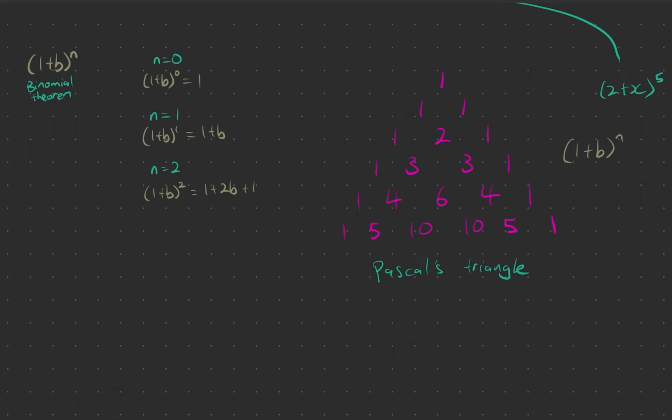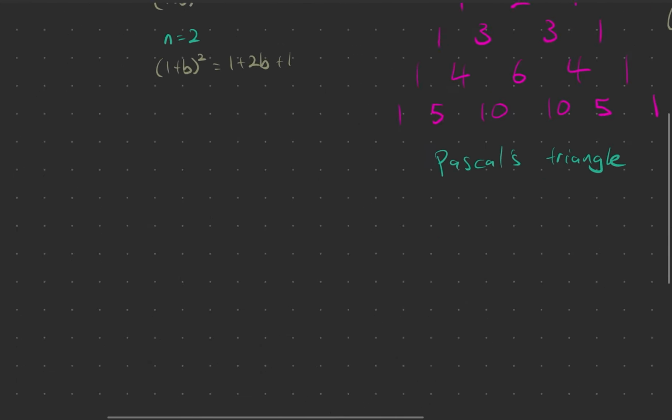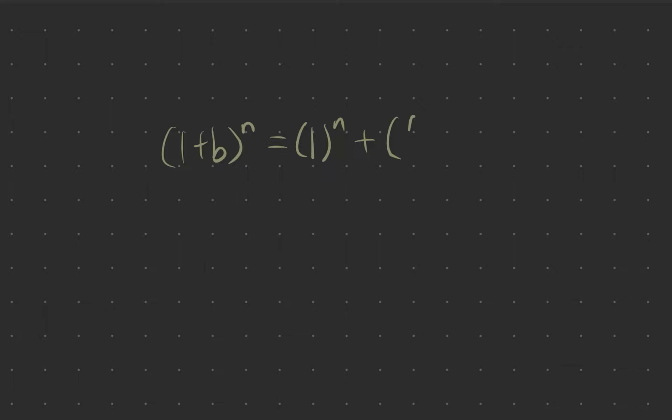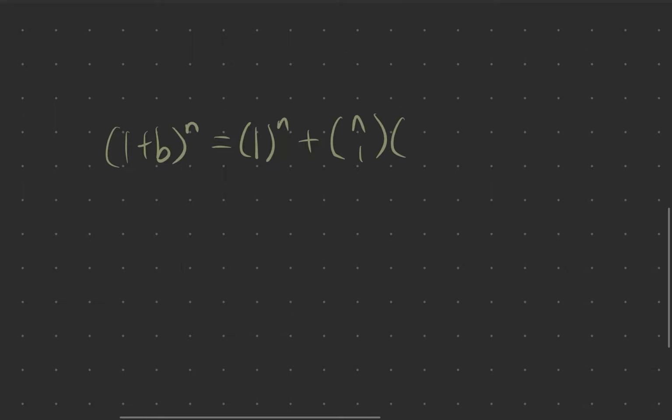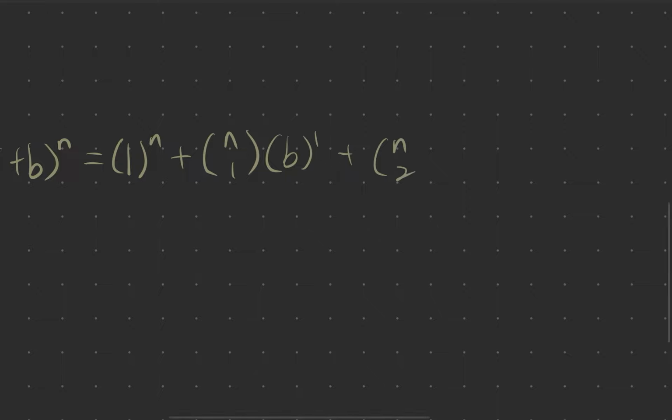Using this triangle in examinations would be kind of impractical because it looks a bit long. So the mathematicians actually have found a way to kind of narrow it down, and so this is the general formula for (1 + b)^n, the binomial theorem. So we'll end up getting 1^n plus n choose 1 times 1 times b^1 plus n choose 2 times b^2, and then it goes on.